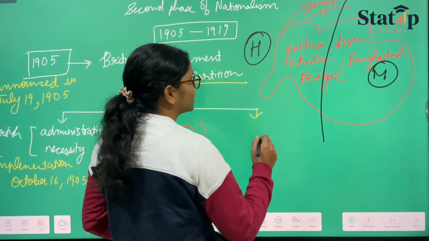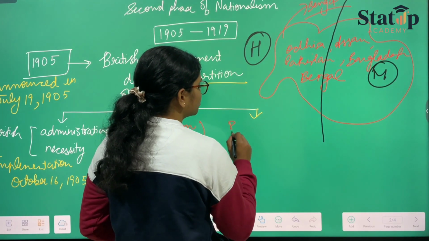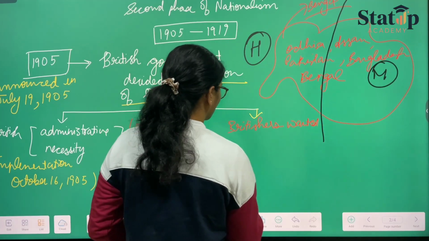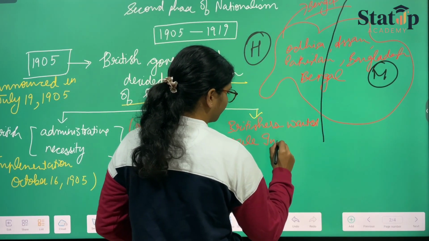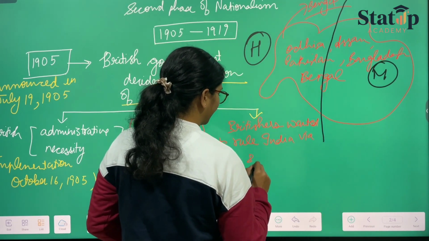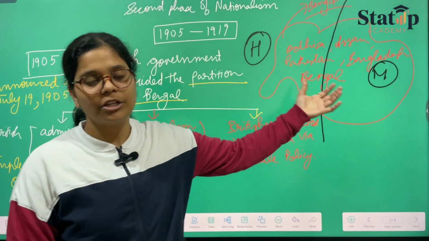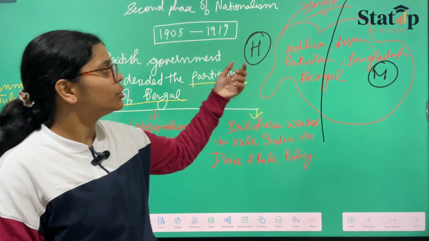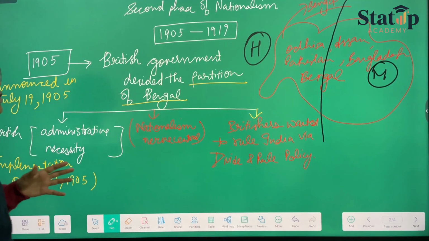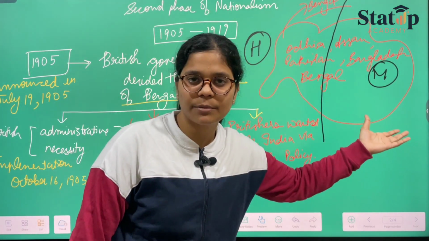And another cause you can mention over here is that the Britishers wanted to rule India via the divide and rule policy. Since the major unity was seen in Bengal, therefore they decided to part Bengal into the Hindu community and the Muslim community.